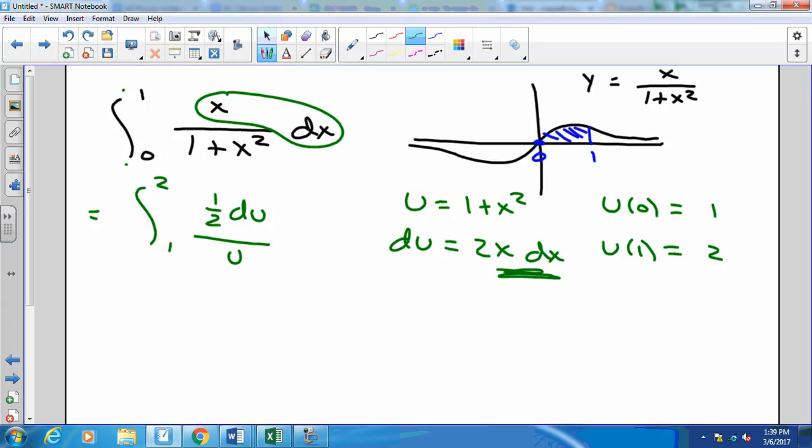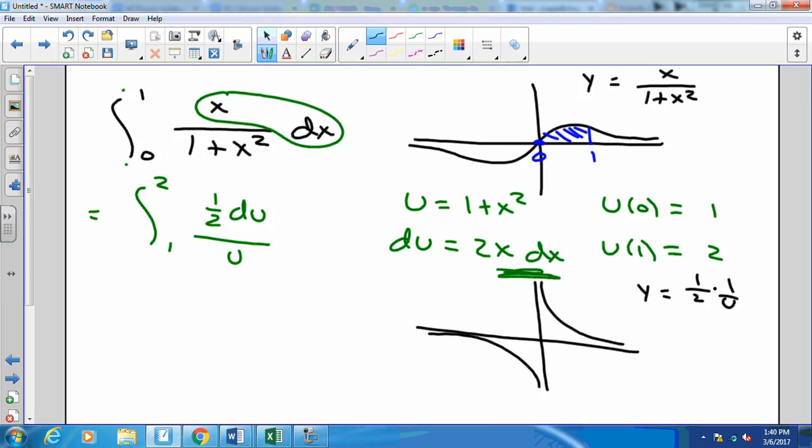Now if I look at the region that I have transformed into, I have a really different looking region. The graph of y equals 1/2 over u, or 1 over 2u, looks like this. It's got a vertical asymptote, so it looks nothing like that region right there.